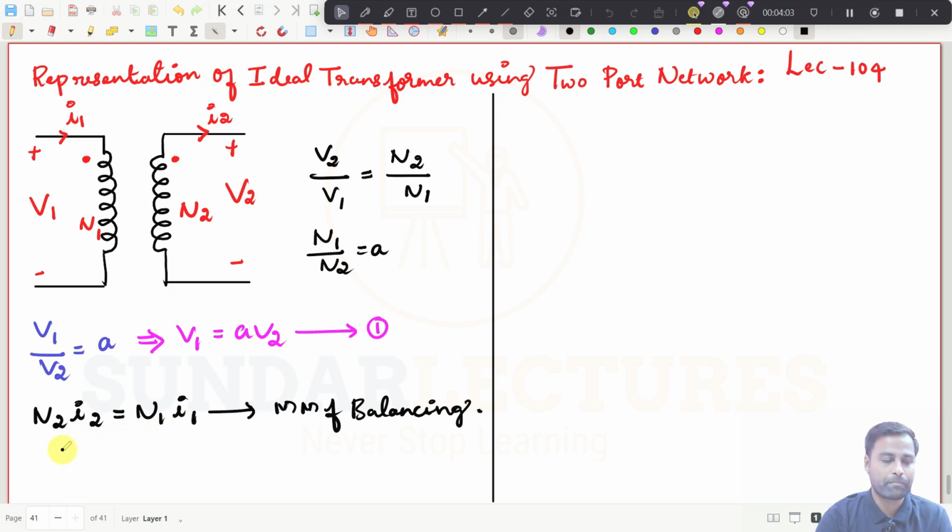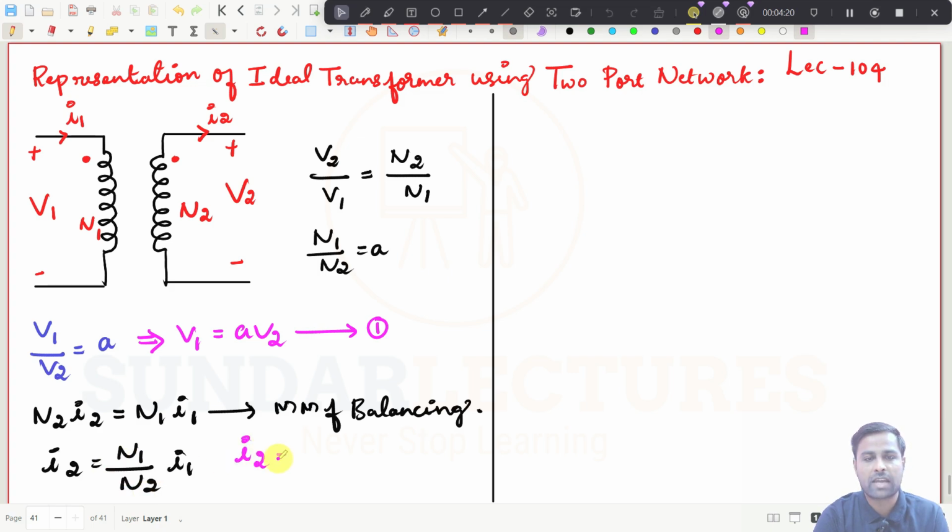And here you can write this equation as I2 equal to N1 by N2 into I1. This is a, right? That is what we have taken, so I2 equals a into I1. This is equation number 2, right?